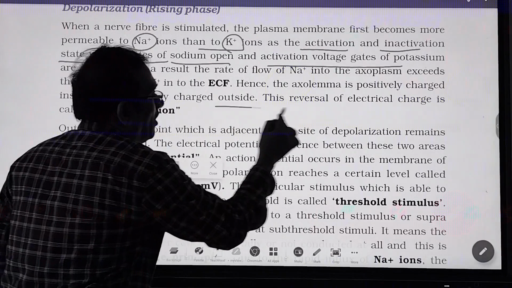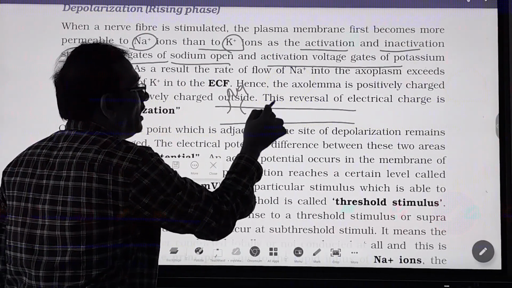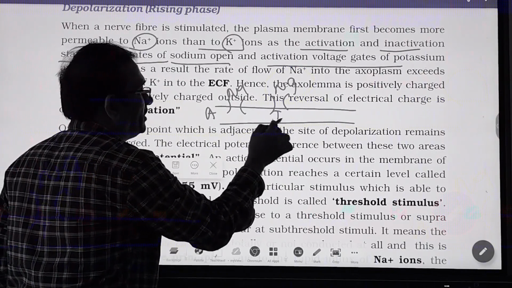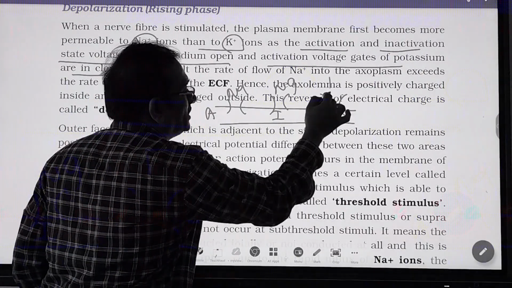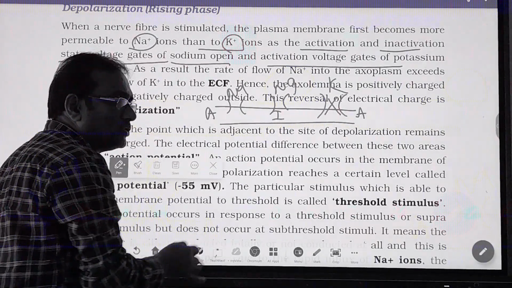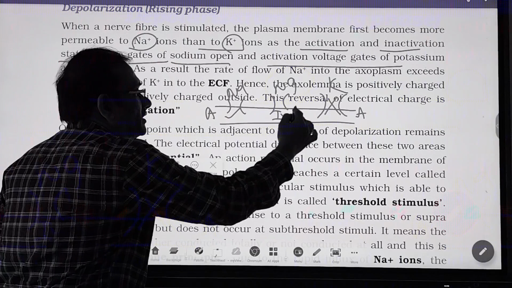So here along the length of the axon, there are sodium activation and sodium inactivation gates, and the potassium activation gate. The potassium activation gate is closed, whereas the sodium activation and inactivation gates are open.